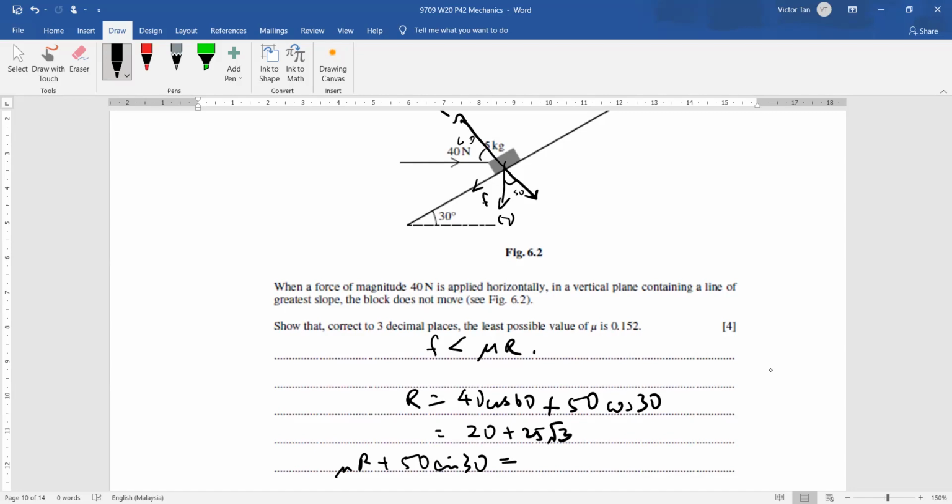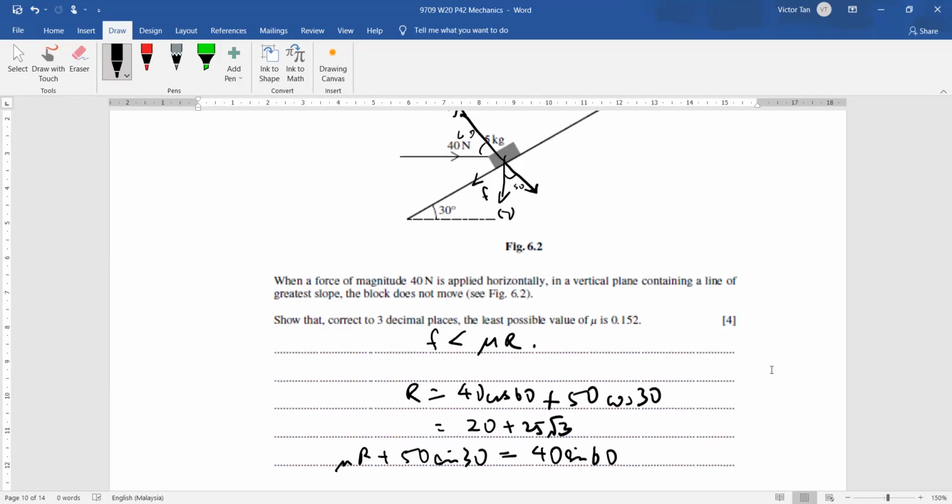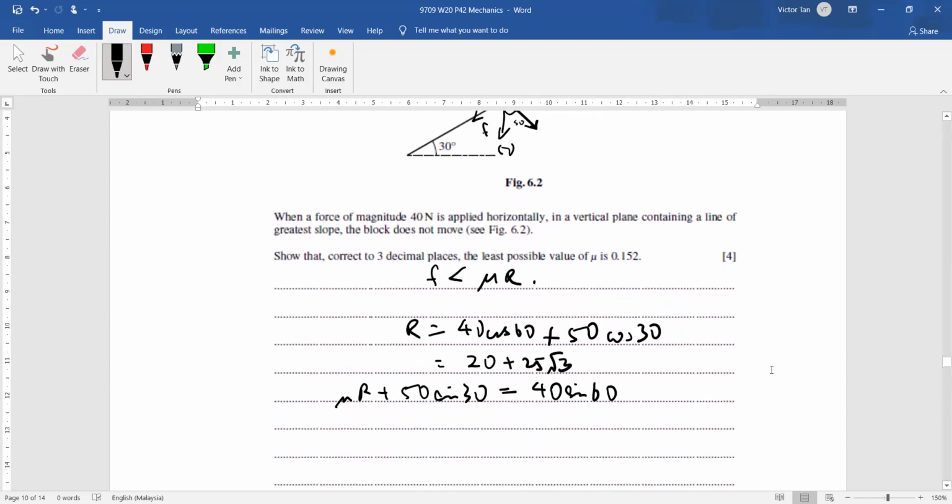this is in equilibrium, it doesn't move, 40 sine 60. Okay. So mu (20 plus 25 root 3).